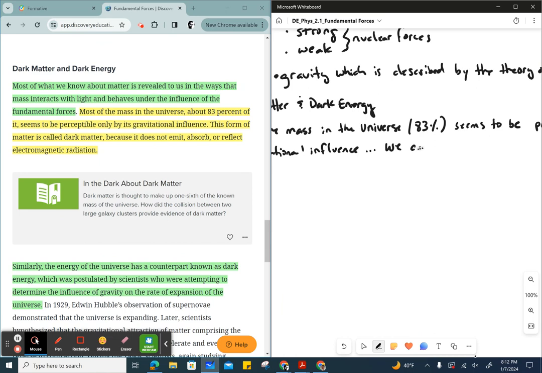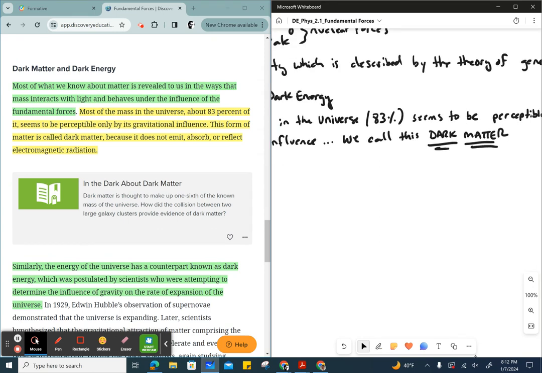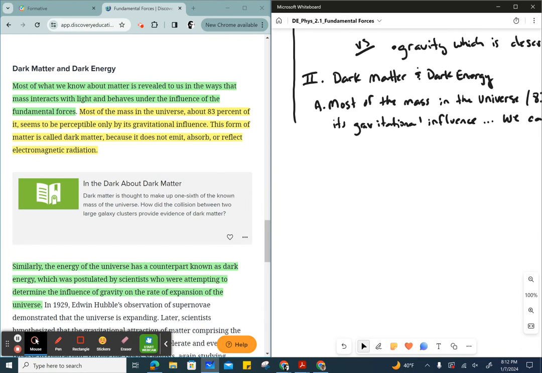We call this dark matter. Okay, it's not perceived via the other types of forces.